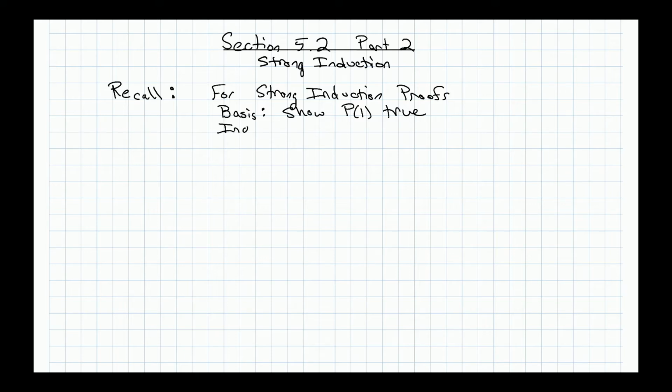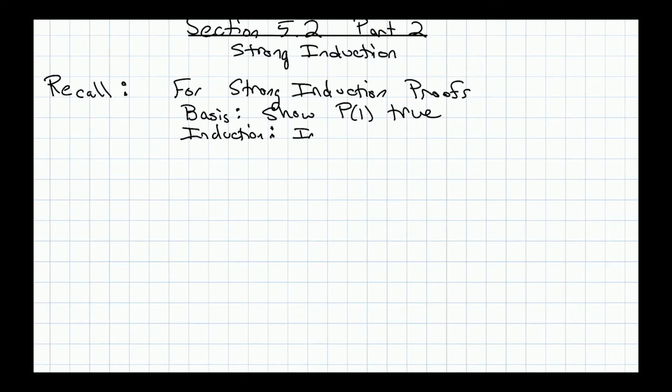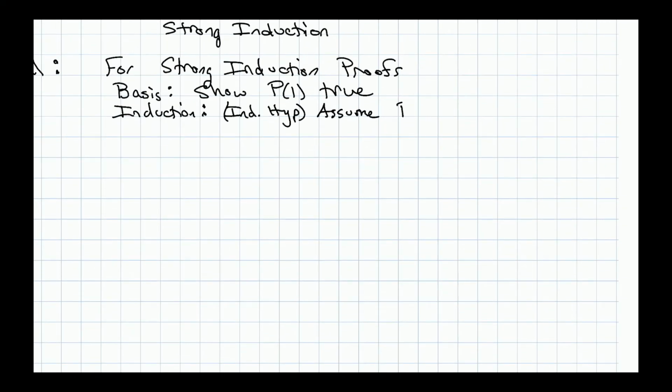And then for the induction step, you have your induction hypothesis, which is assume P of 1, P of 2, all of them up to P of k are true. So you get to use all of those as if they were facts in order to prove the thing you need to prove.